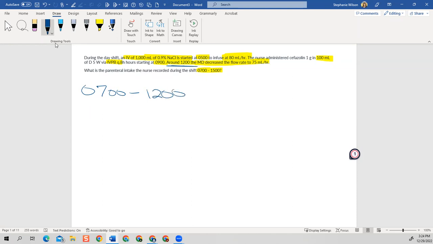So from 0700 to 1200, we got 80 milliliters per hour. Then we need to calculate how many hours that is. So 7 to 8, 8 to 9, 9 to 10, 10 to 11, 11 to 12. That's 5 hours, right? So we're going to multiply that by 5 hours. That should give us 400 milliliters.